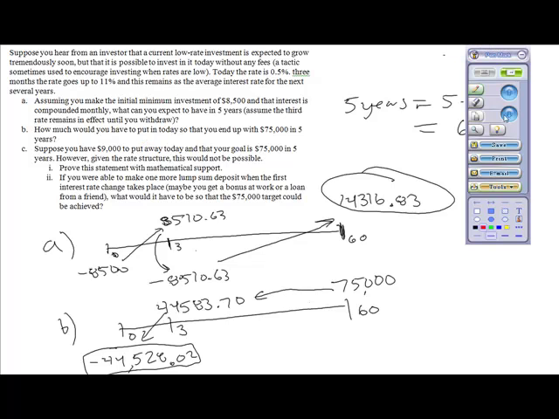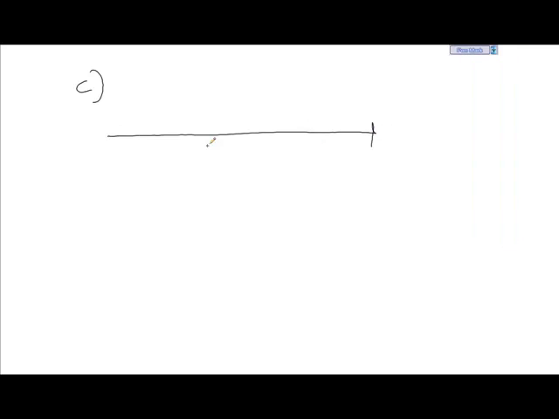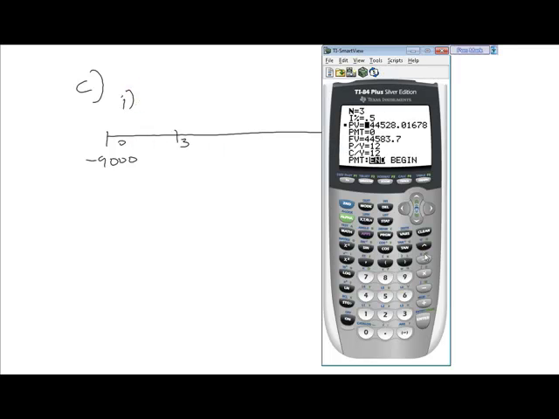So, the way we're going to do that is, we can just start over here and say, if I had 9,000, well, basically, same process, and you can probably see that this is not possible already, because in order to have 75,000 under this rate structure, I would need to deposit $44,000. But we're just going to go ahead and prove it to ourselves because we might need this in part 2 of letter C. And so we'll go ahead and do our calculation.